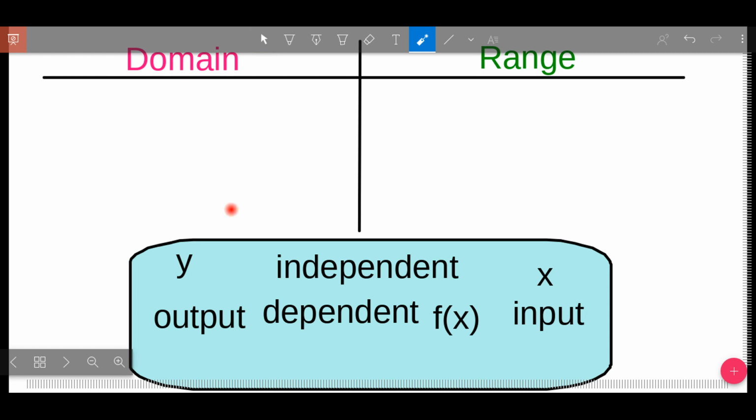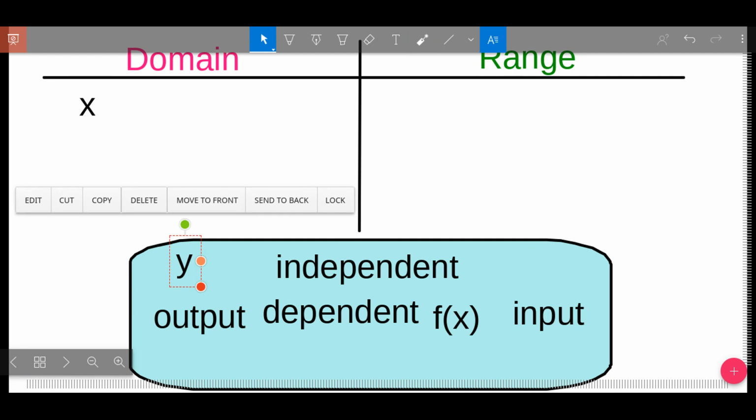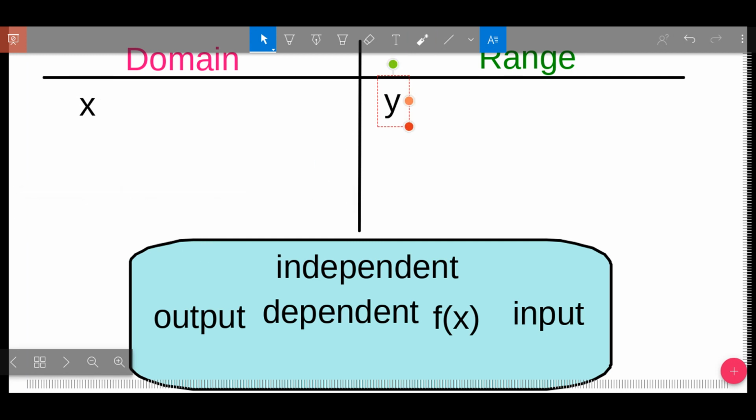So here we're going to look at putting all of these and placing them in the right order so that you can familiarize yourself with all the different words for domain and all the different words for range. Well, the first one is we said that x was the domain. We said that in the definition, and we said that range was the y value.